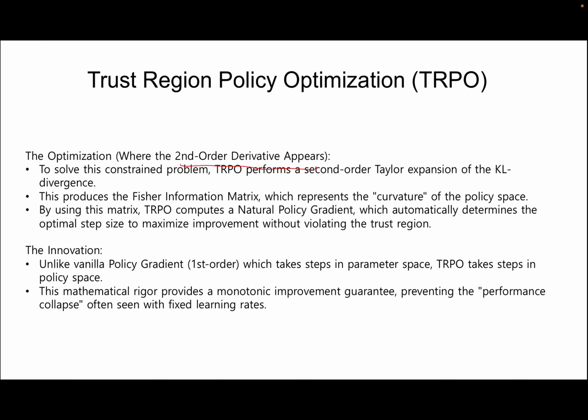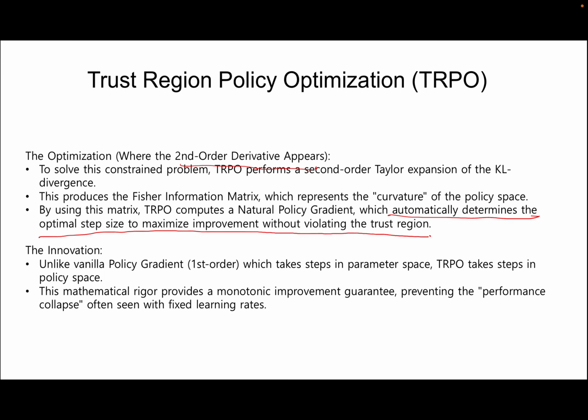To solve the constrained problem, TRPO performs a second order Taylor expansion of the KL divergence. This produces a Fisher information matrix, which represents the curvature of the policy space. And by using this matrix, TRPO computes the natural policy gradient, which automatically determines the optimal step size, maximum improvement, without violating the trust region. That is the important thing.